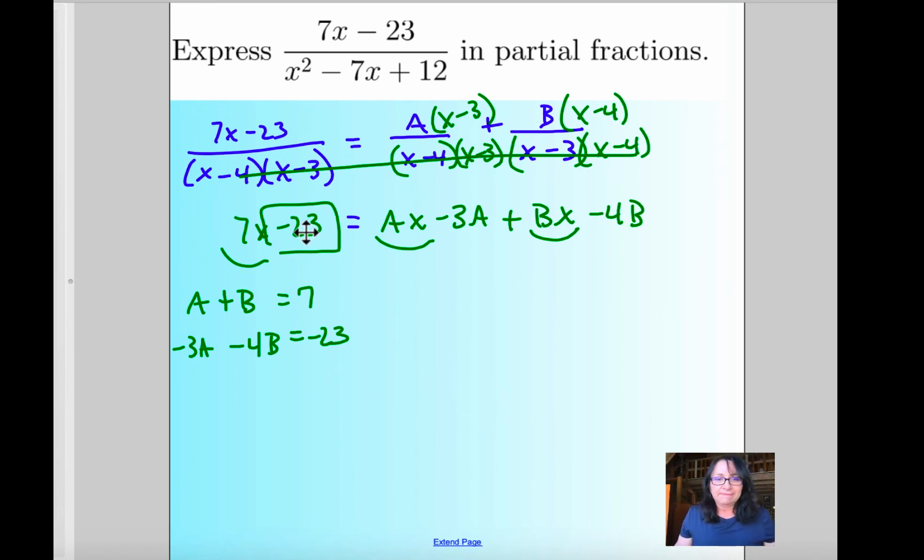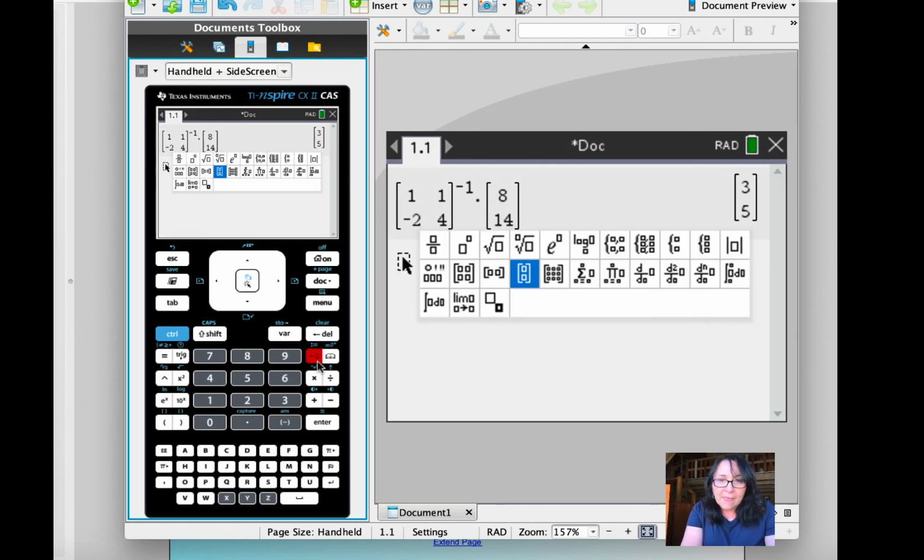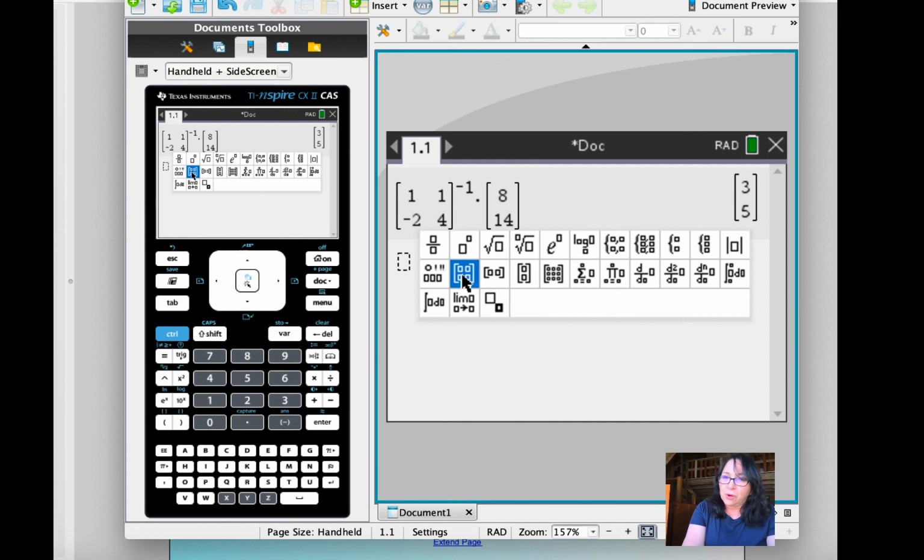Okay, so for me, I'm just going to solve this. I'm going to use my calculator. And so a plus b, and pause and do this yourself to make sure that you can do this. I get negative 3a minus 4b is equal to negative 23. I'm going to go back to the TI Inspire and do one like that. And so on this one, I've got my choose your 2 by 2, which is the 4 values.